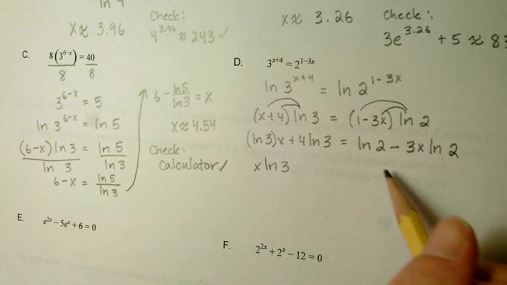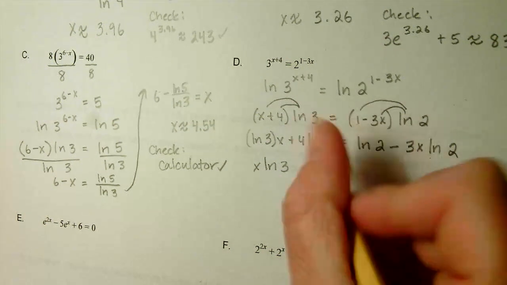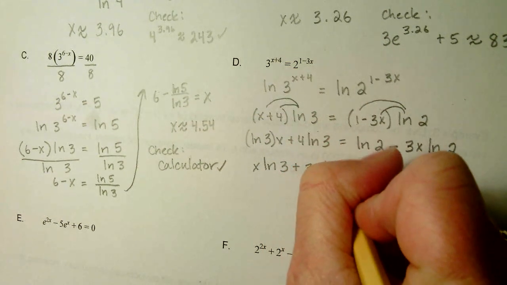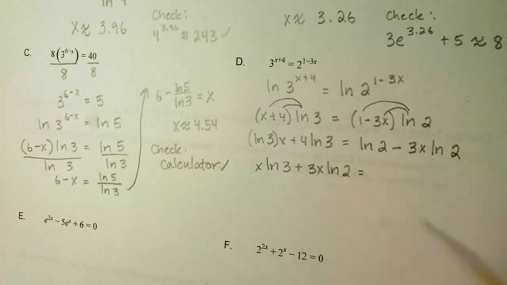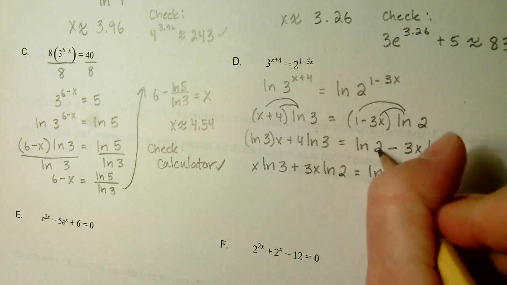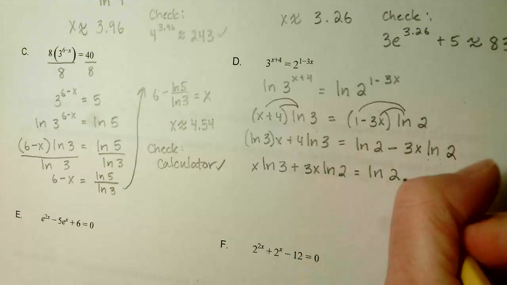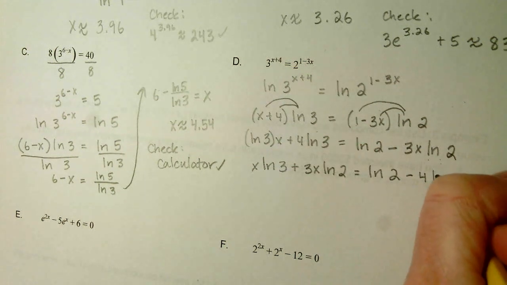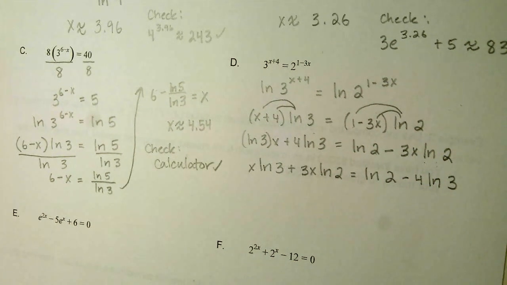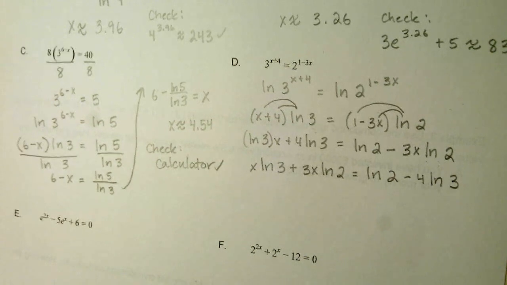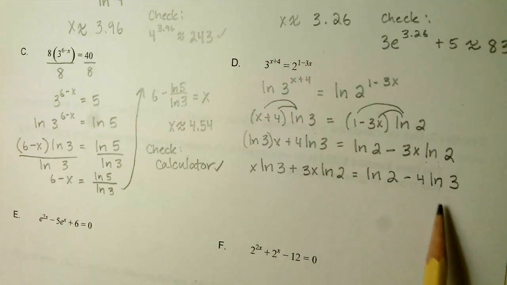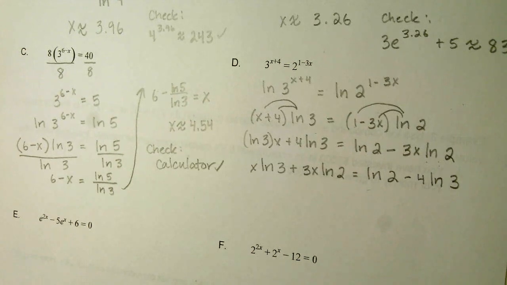I am moving over this, so it's becoming a positive 3x natural log of 2, and that's going to be equal to the natural log of 2, that's staying right here, and I am moving over minus 4 natural log of 3. So notice I have all my x terms grouped on one side, my constant terms grouped on the other side.